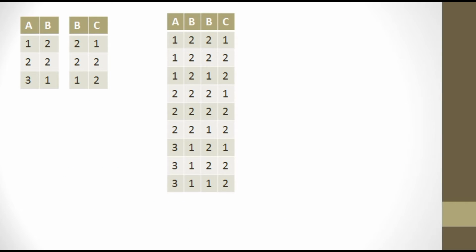Now this is your example where we have this R1 relation and R2 relation. We need to find R1 cross R2. This is your Cartesian product. A tuple of R1 will be concatenated with all tuples of R2. So the values will be 1 2 2 1, 1 2 2 2 and 1 2 1 2.